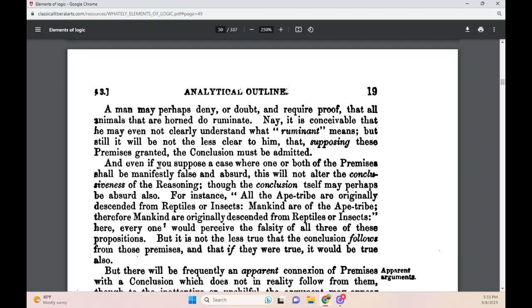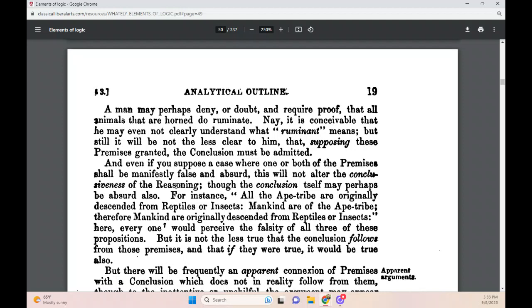Even if you suppose a case where one or both of the premises shall be manifestly false and absurd, this will not alter the conclusiveness of the reasoning.